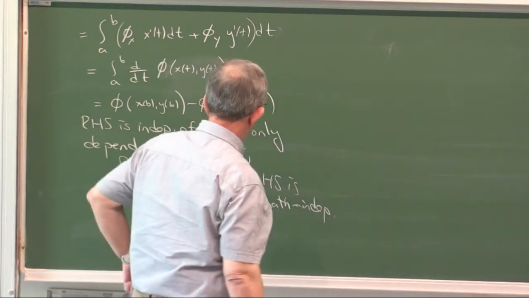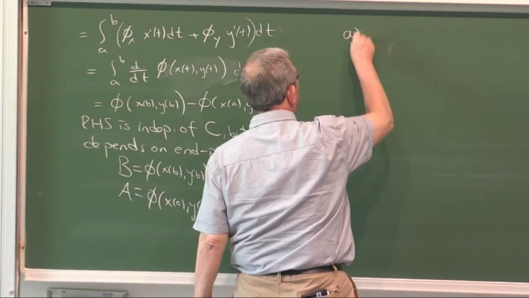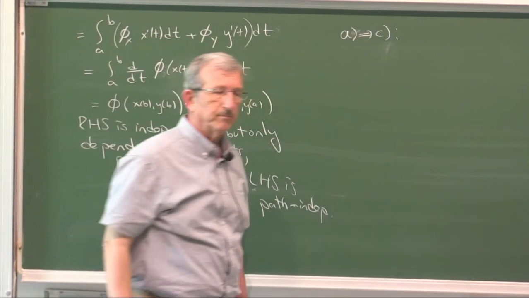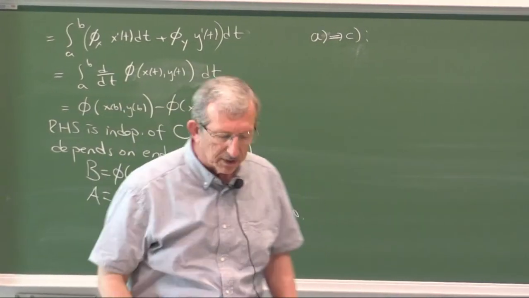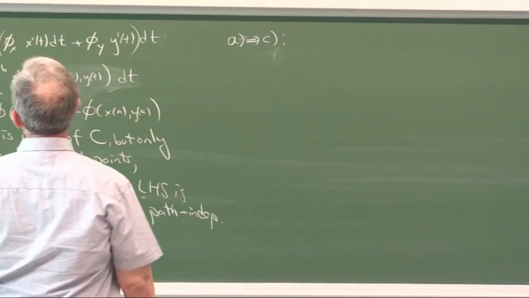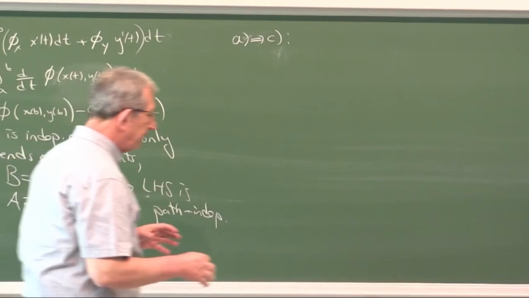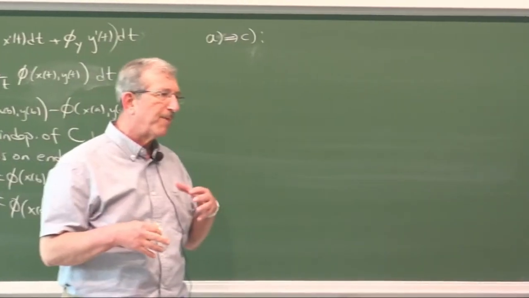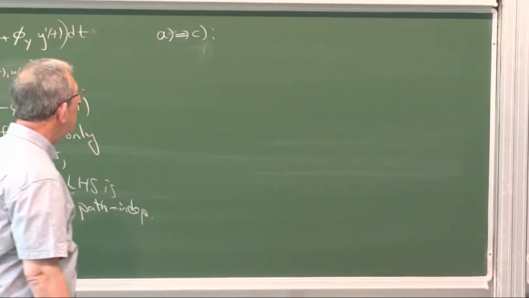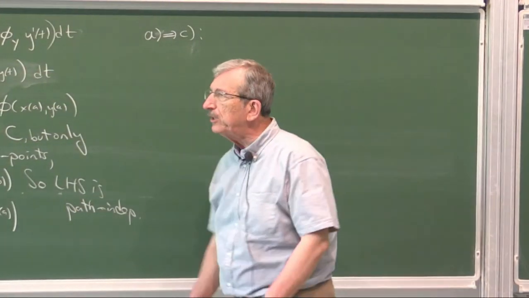Now, if we show A implies C, we will be finished. All three will be equivalent. So what do we have? We have an open domain, and we have path independence. Now, to show C, we need to find a potential.